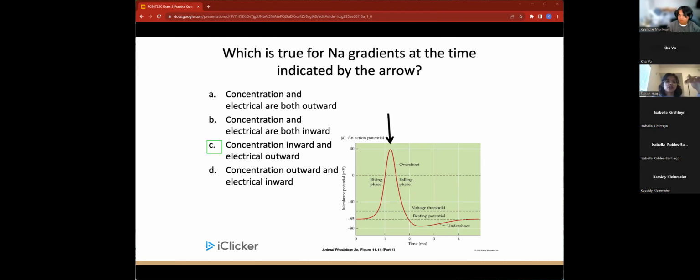Sodium is usually flowing in, but at this point, think of it from the perspective of the charges. As an ion, it's positive, so it's not going to want to stay in the positive region. And then also, sodium is at its Nernst potential where equilibrium is reached.